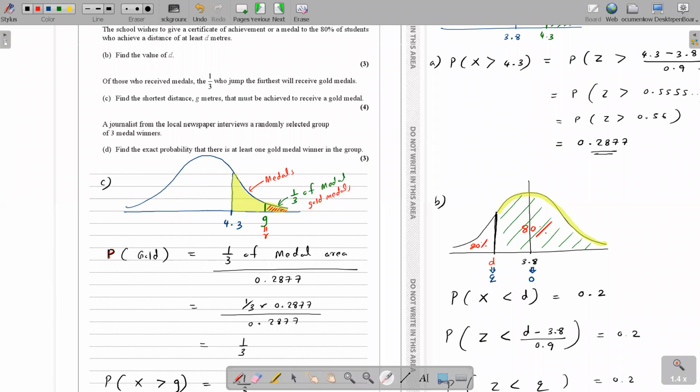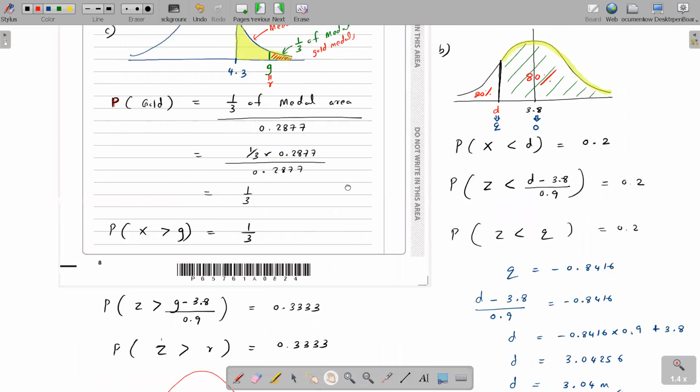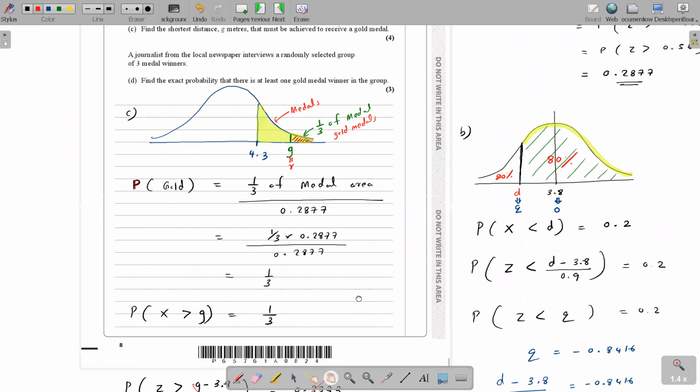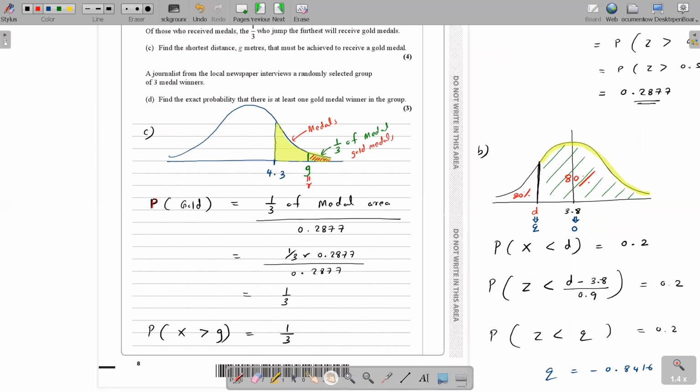Okay, so children, there is a small thing to correct here. Actually, I should not go over here. There's a mistake. The probability that we found here is a conditional probability, right? So we found the probability of getting a gold medal given that you have a medal. I did not write the given that here.